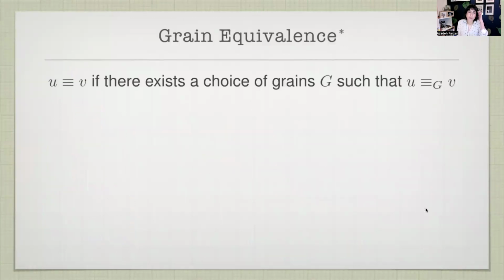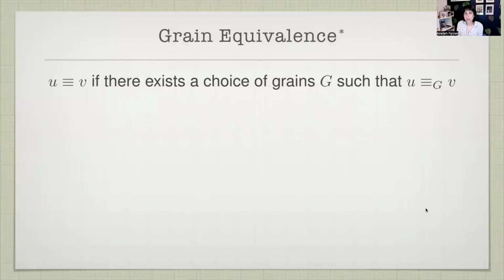So I want to define this equivalence relation, and I intentionally put a star there; it will become clear in two seconds why there is a star. I want to define it as: two words are equivalent if there exists a choice of grains that says they are equivalent up to that choice of grains.